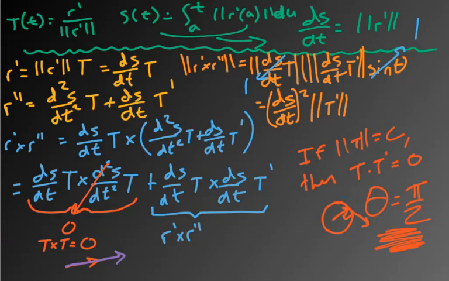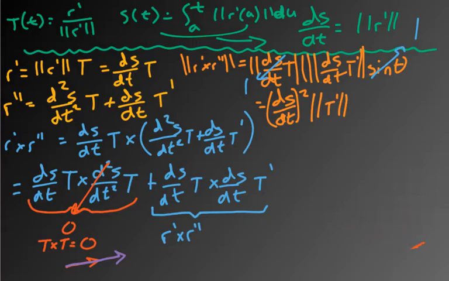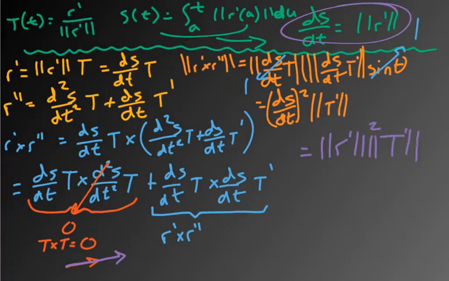So this is really what we have happening here. I'm going to erase all this, but we proved this thing in red that I erased a little while back, so I'm using that. So now I have that the magnitude of this thing is ds dt squared times the magnitude of t prime. Now I'm ready for the punchline. ds dt is the magnitude of r prime, so I can write the magnitude of r prime squared times the magnitude of t prime.